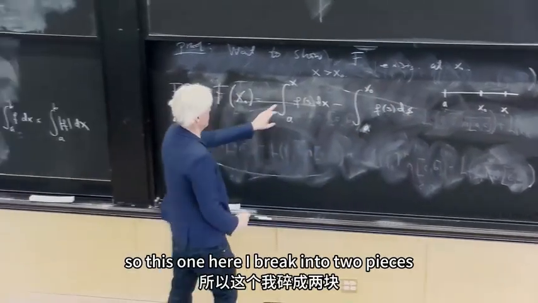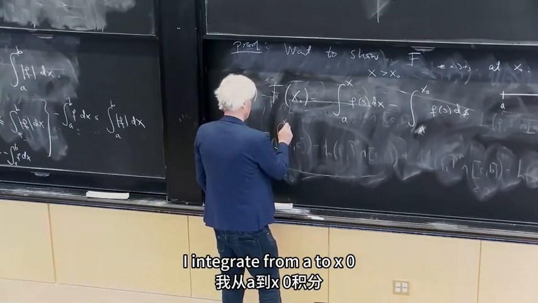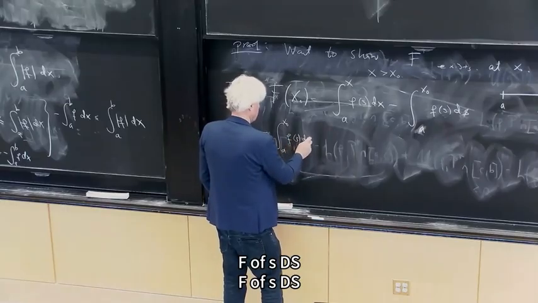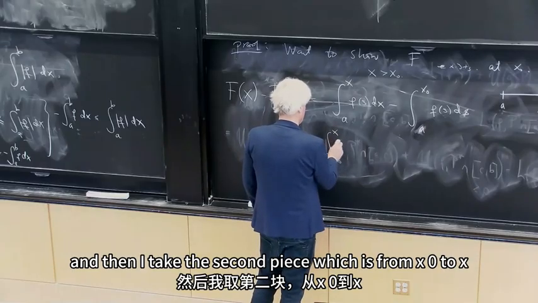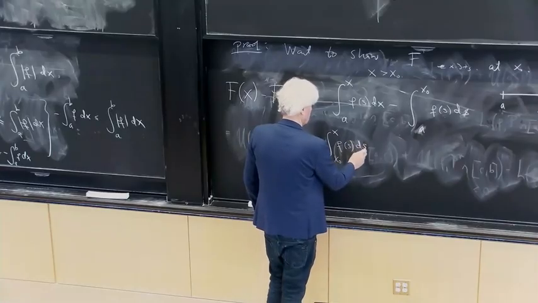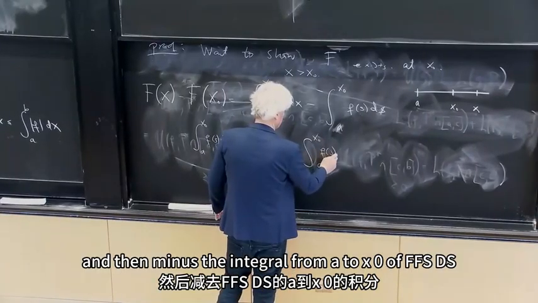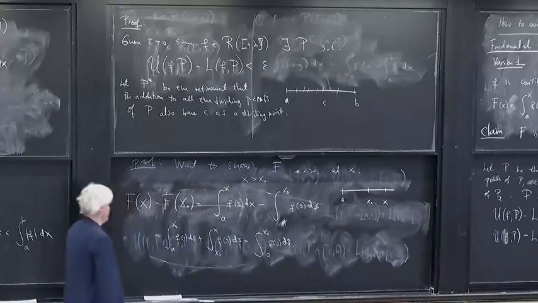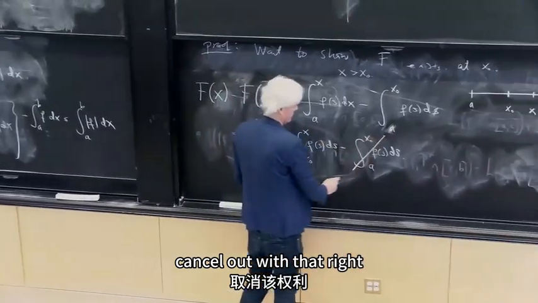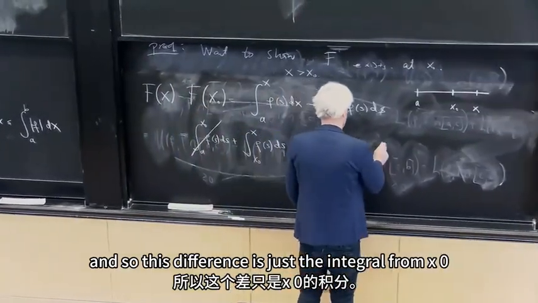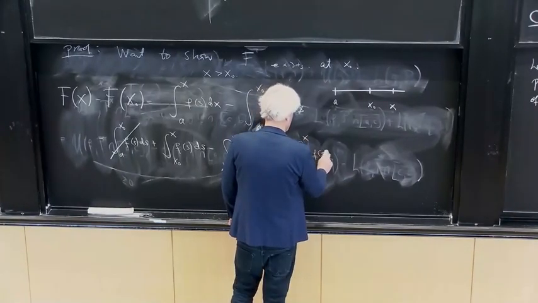So I break it into two pieces: the integral from a to x0 of f of s ds, and the second piece from x0 to x, and then minus the integral from a to x0 of f of s ds. But now you see that this one cancels out with that, and so this difference is just the integral from x0 to x of f of s ds.